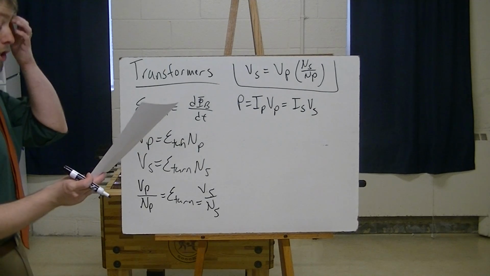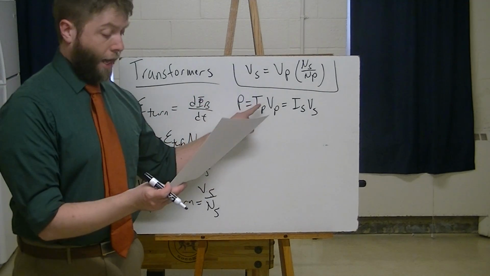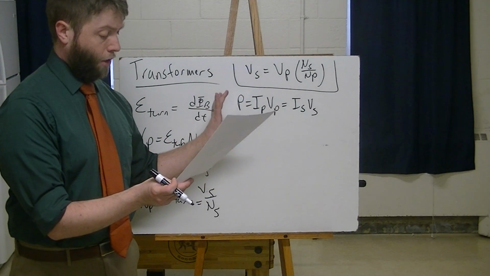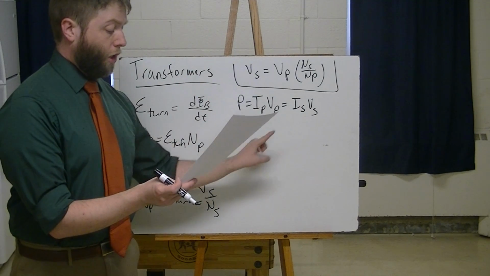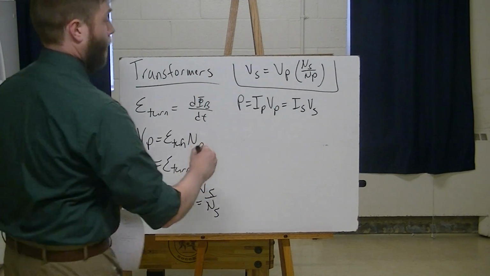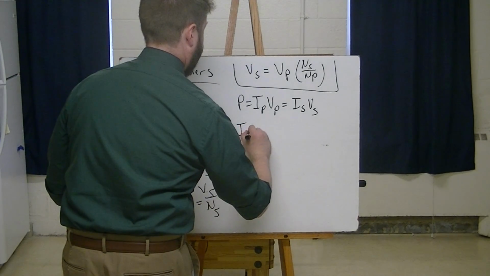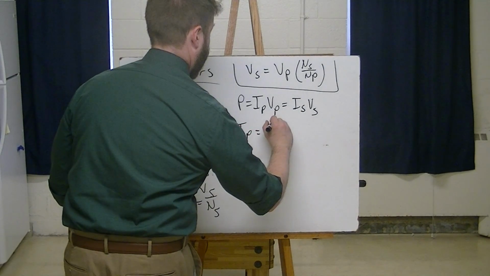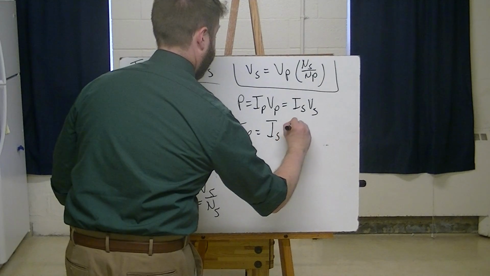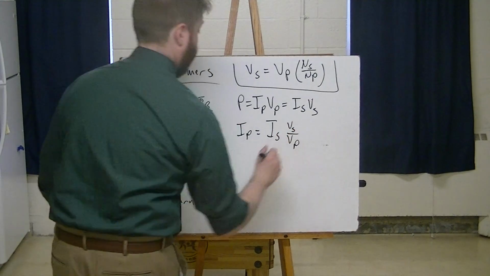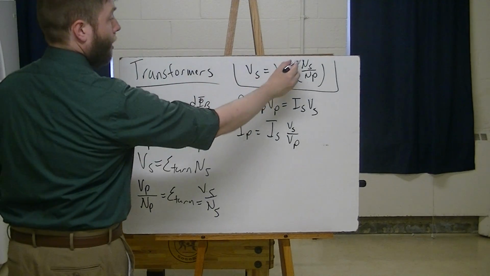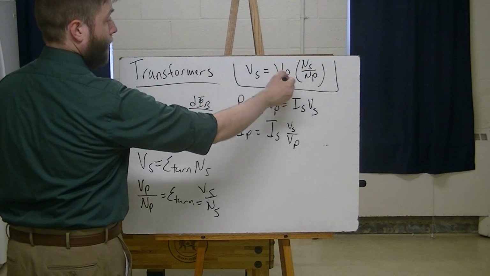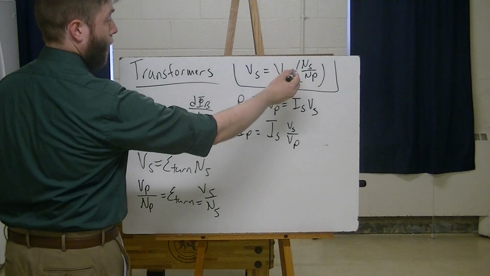I just want to make sure we're doing the notation right. V primary is going to come over to the other side. So I of the primary is equal to I of the secondary times V of the secondary divided by V of the primary. So I move the primary over. The primary is going to be related to N_P over N_S.